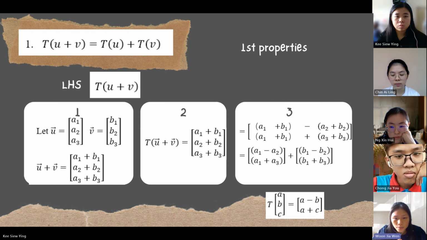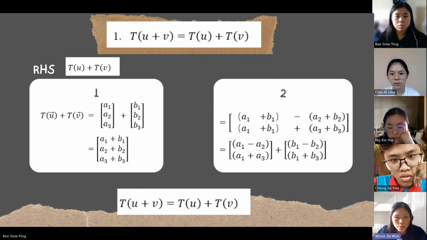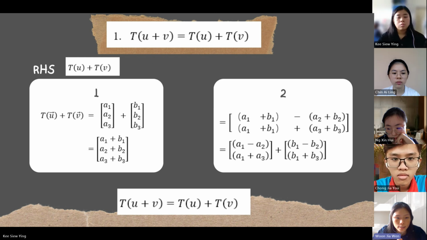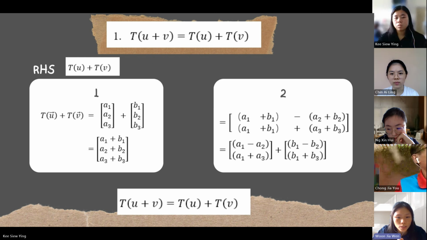Finally, we get the final answer. For the right hand side, I will show the same thing. The right hand side is T(U) plus T(V). As just now, I let U equal A1, A2, A3, while V equals B1, B2, B3, and I get this. Next we change it to the final result, and we get that T(U) plus T(V) equals the left hand side.